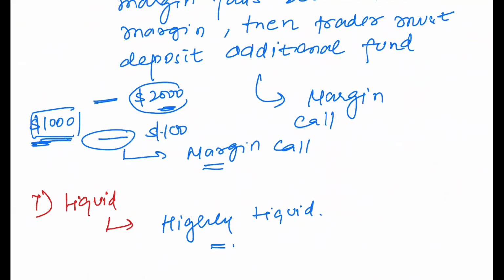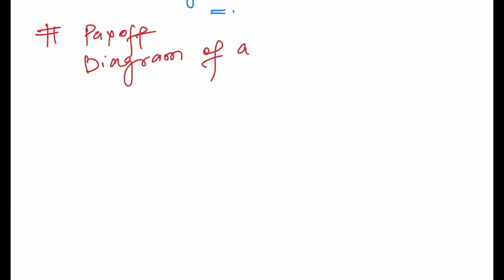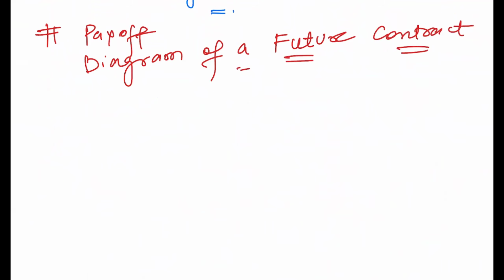So let's understand the payoff diagram of a future contract. One party will buy the contract, the other party will sell the contract.